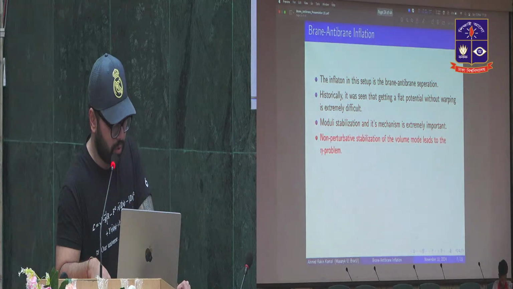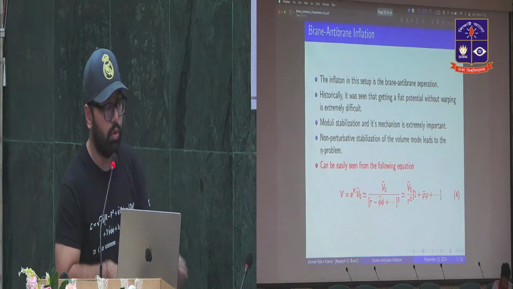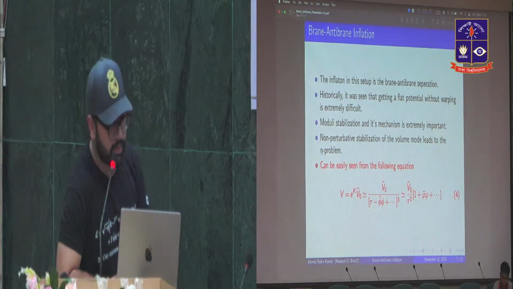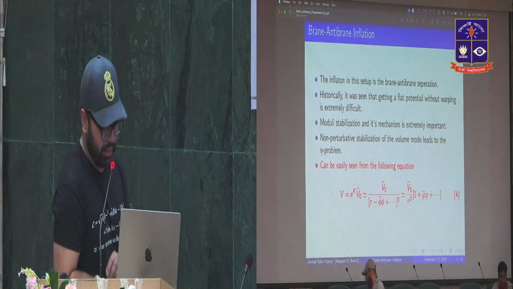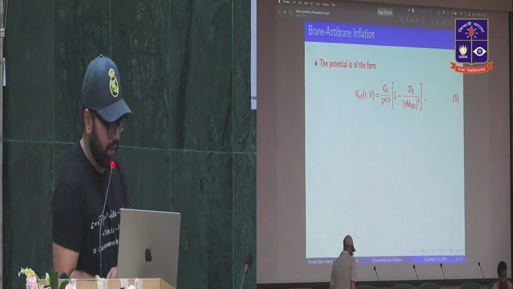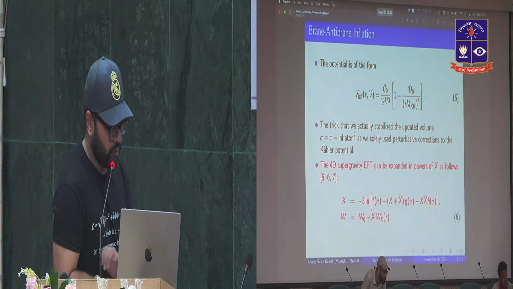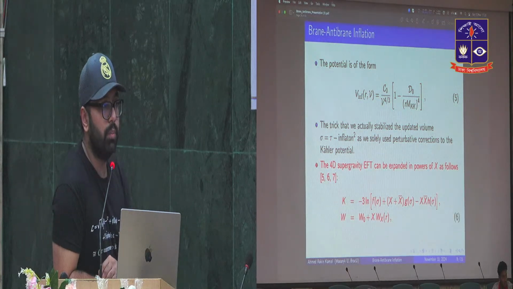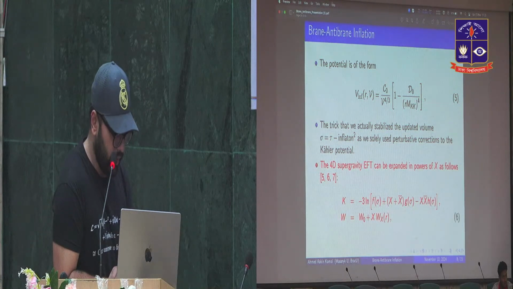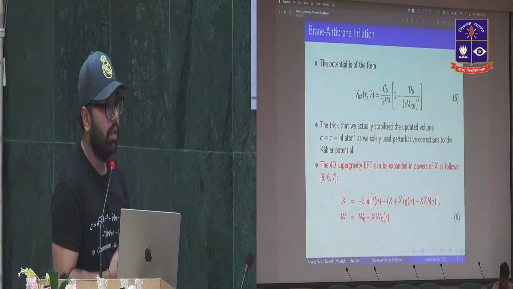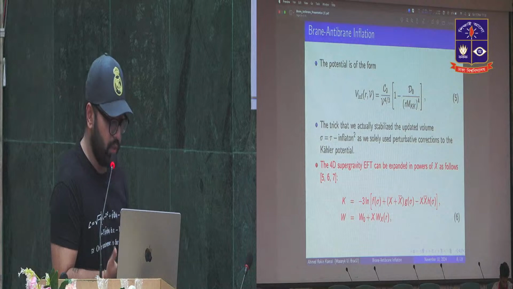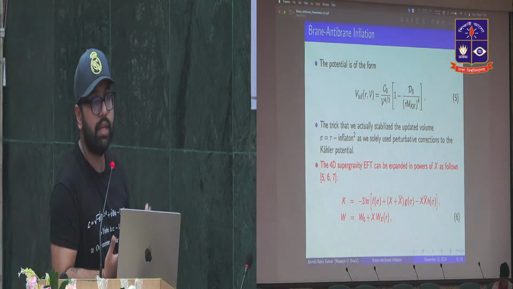As I said before, I will not go into too much detail. These were the problems of brane-anti-brane inflation, and we tried to solve them using perturbative corrections. The trick we used is that in string theory compactifications, as we know, it's a 10-dimensional theory.